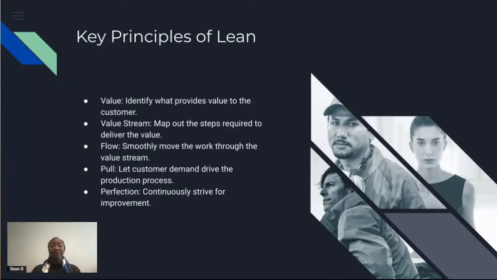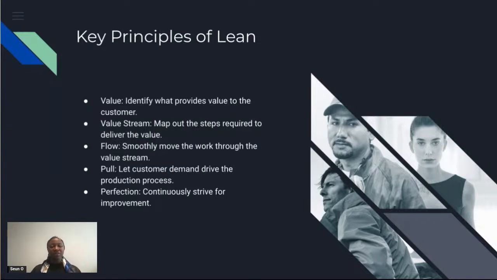You go into value stream. This is being able to map out the steps required to deliver the value. Let me use Amazon as an example. Amazon sees that value for you, the customer, is being able to buy your goods and have them delivered to you on time.